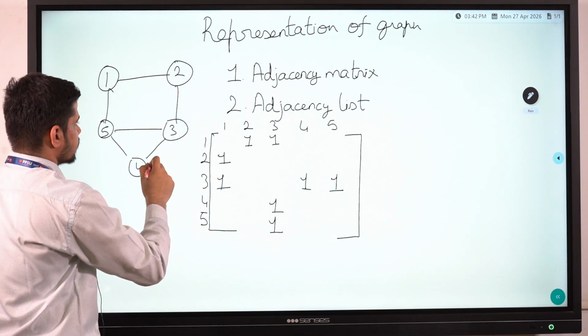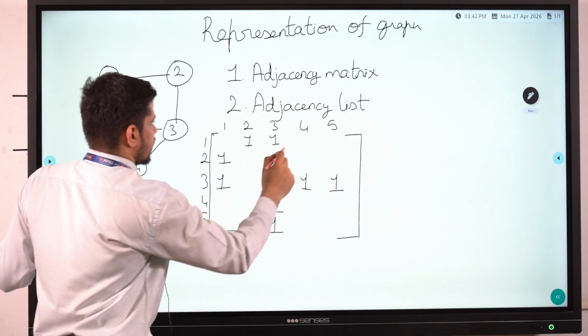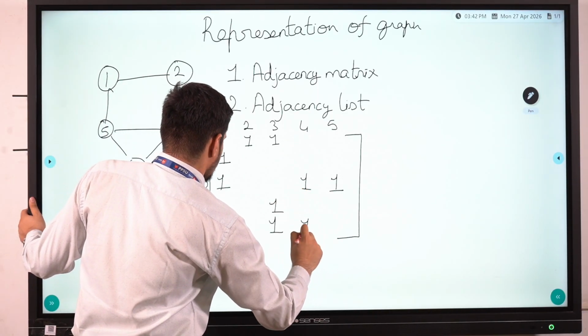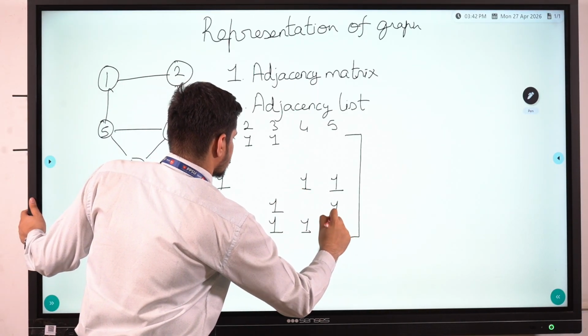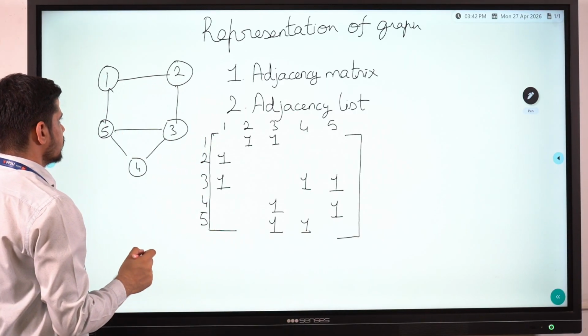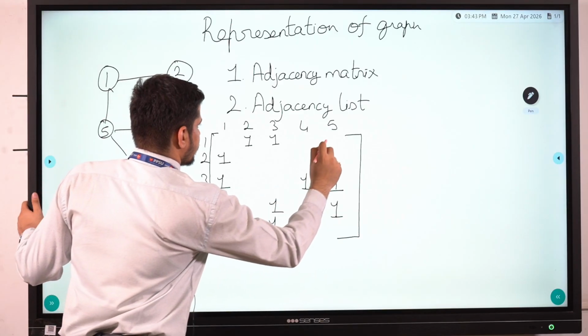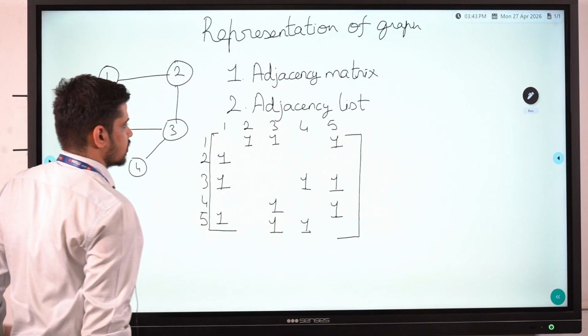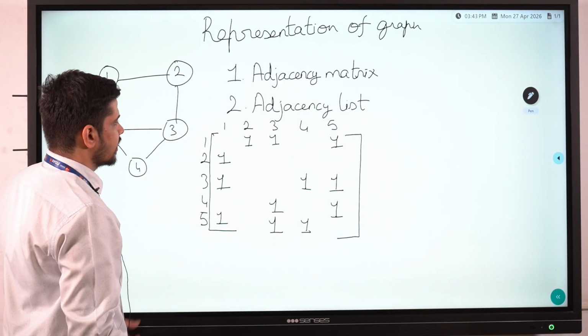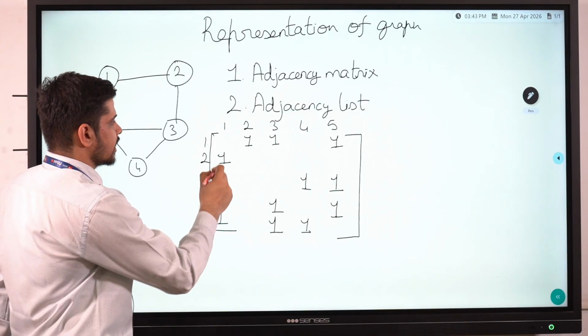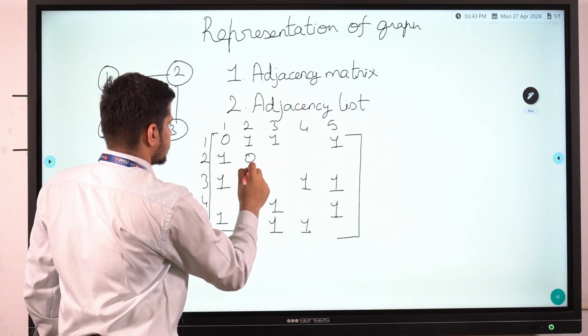Then 3, 4 is done, 4, 5. So I will put 4, 5 and 5, 4. Then I will put 1 and 5, so 1, 5 and 5, 1, right? So this is the adjacency matrix, and the other ones are 0.